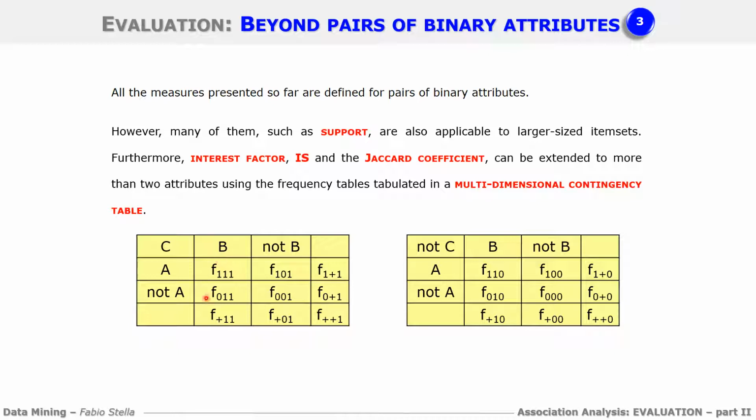Putting together these two two-dimensional contingency tables, we obtain a three-dimensional contingency table, which allows us to define the interest factor I of the three items A, B, and C, which is equal to N, the number of transactions, to the power of 3 minus 1, times F111 divided by F1++ times F+1+ times F++1, all elements that can be read from these two different contingency tables.